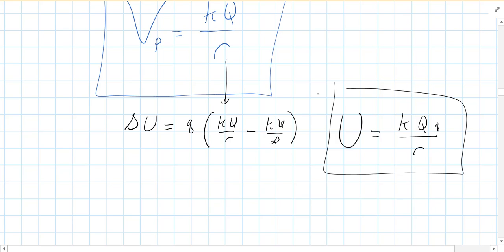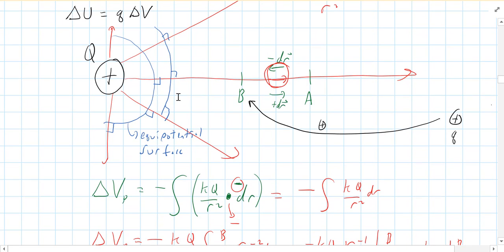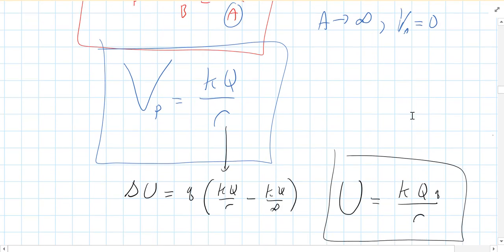Now, if you look at that equation and you think about it, that form of equation should look familiar to you. You might recall in first semester that gravitational potential energy was negative GMM over R. Now, in that case, it's negative because masses always attract each other, whereas in this case, we have two like charges that are repelling each other, so that's why the sign is different.